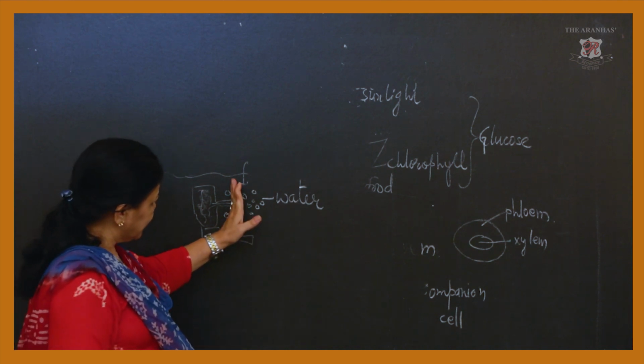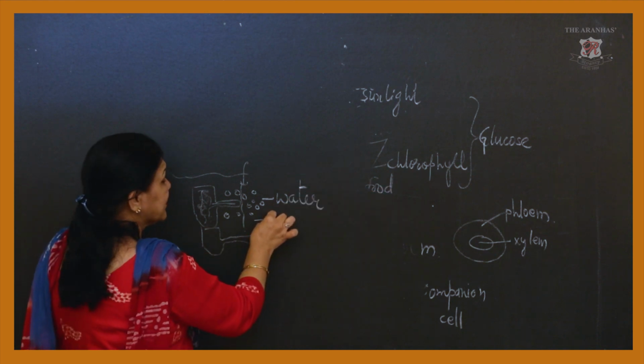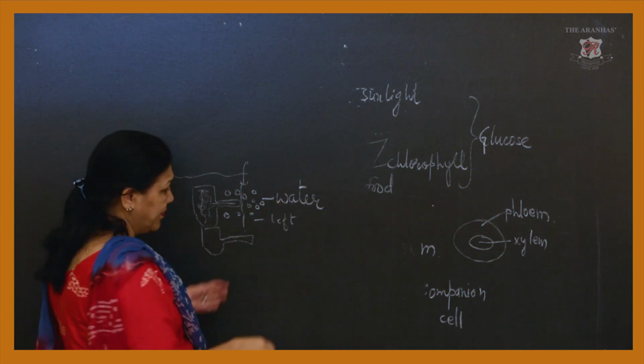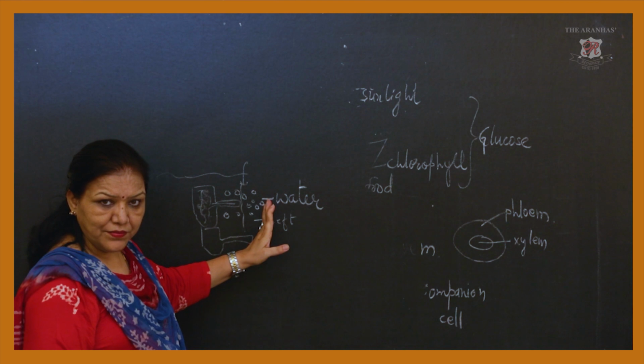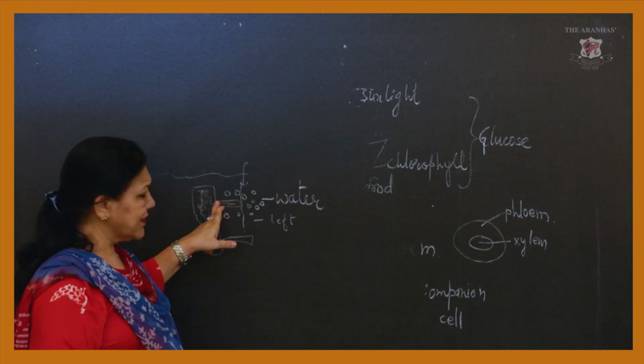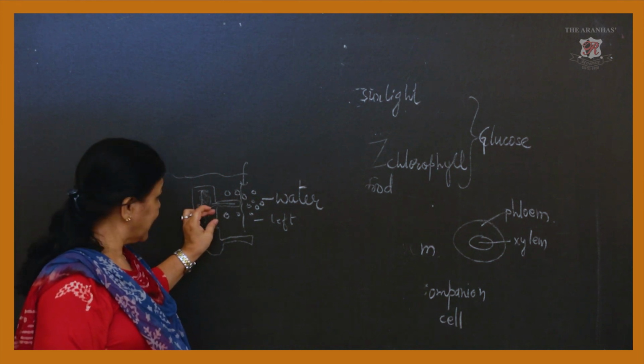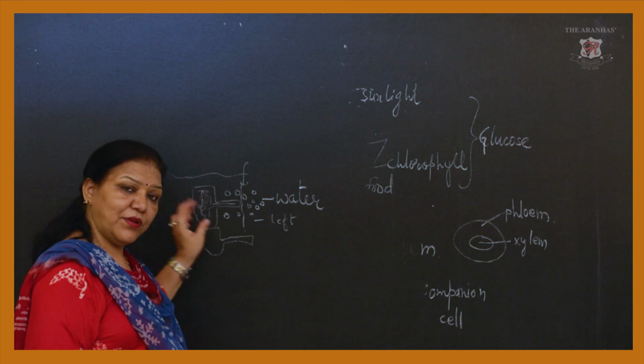This portion is the figure's left side: more concentration of water, more molecules on the outer side. Inside the cell, very few water molecules. I am not giving you the idea that no water molecule is here.